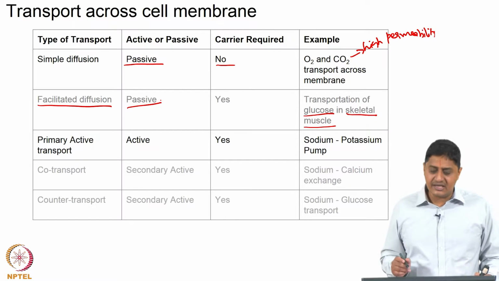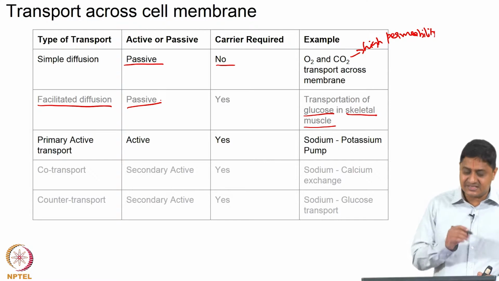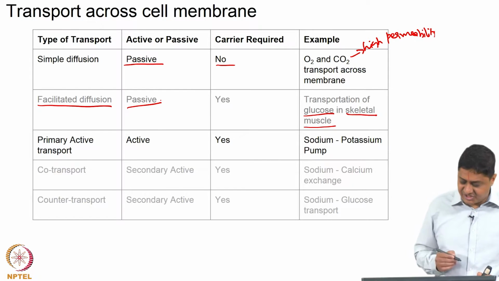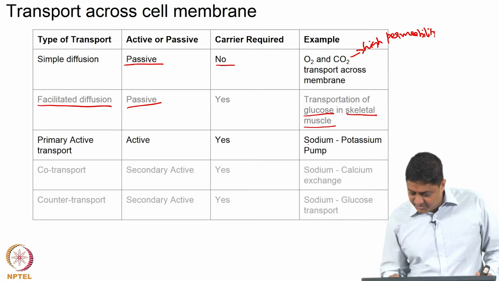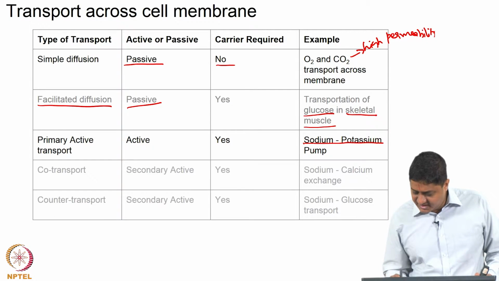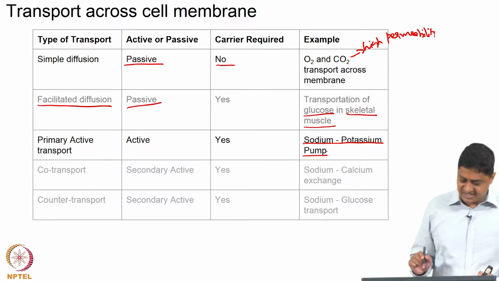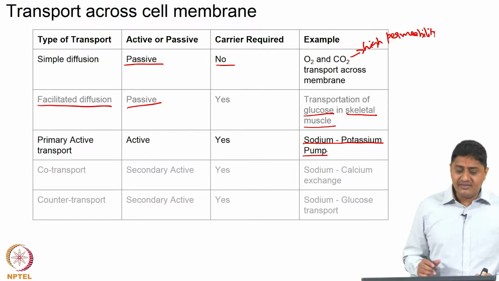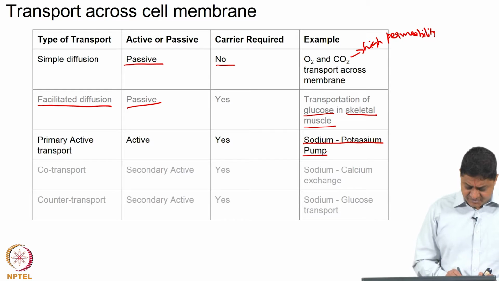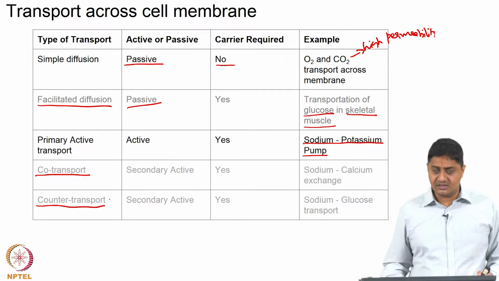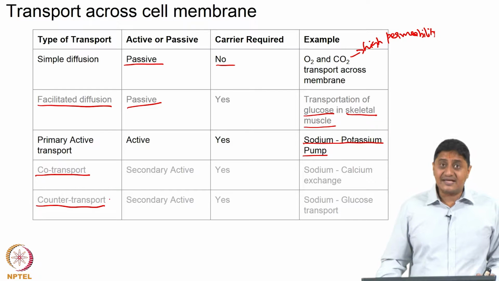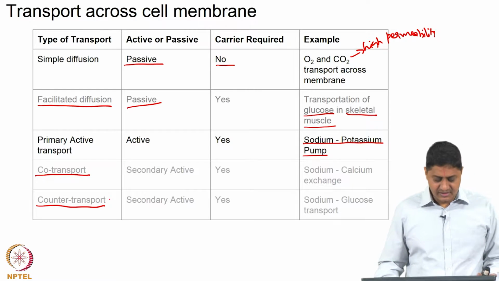So, in general, transportation against the gradient requires expenditure of energy. The classic example is the sodium potassium pump, which we will see in greater detail later. And then there are other forms of transport such as co-transport and counter transport, which are called secondary transport mechanisms.